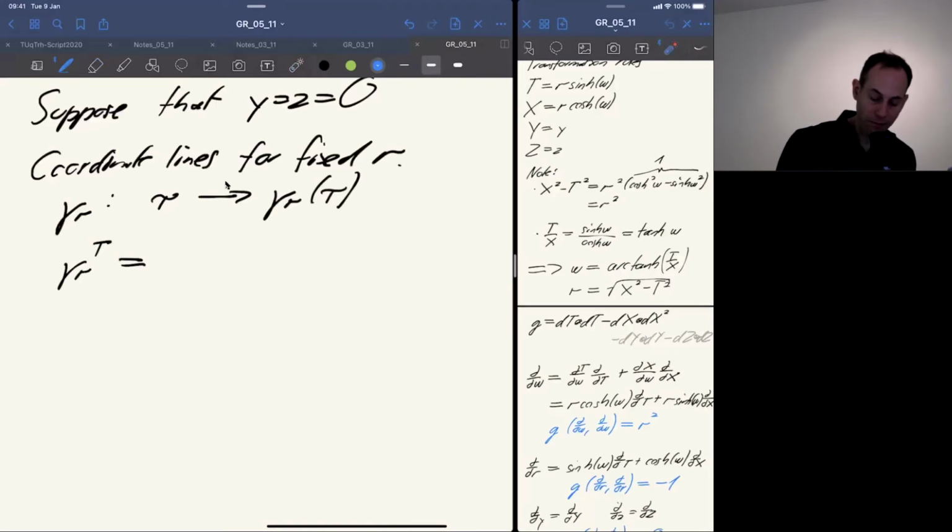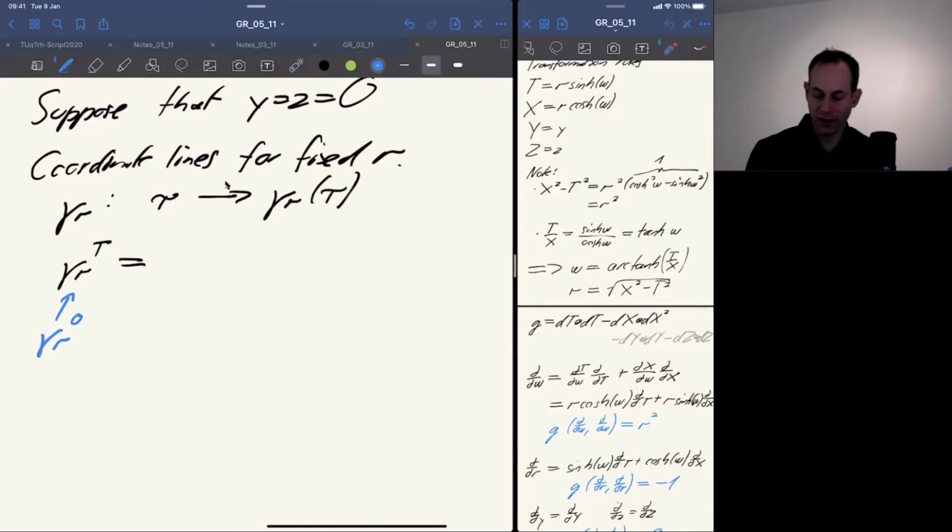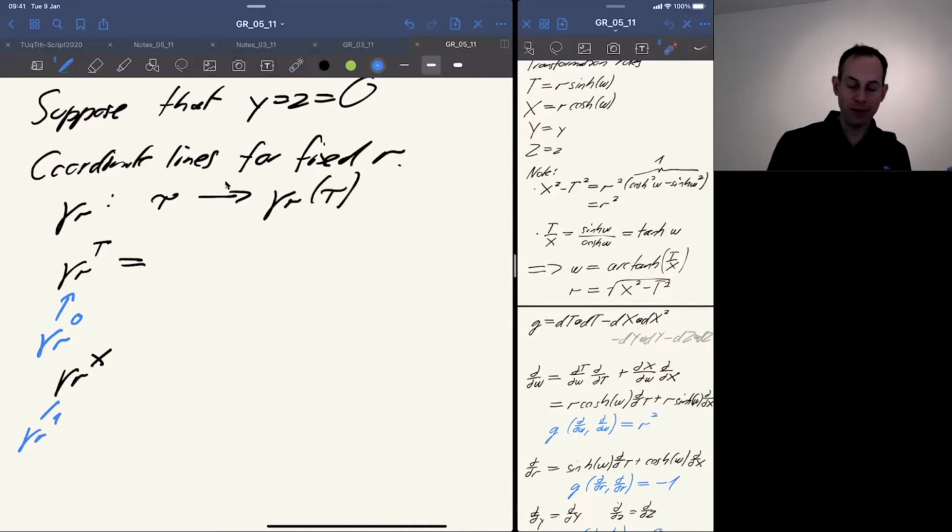This is essentially gamma_r^0 if the zeroth coordinate is t, and correspondingly, in a minute, we'll also write down gamma_r^1. So instead of using the index number, I just put the variable. This is useful because if you work with different coordinate systems, this is not only an index, but at the same time it reminds us in which coordinate system we are actually working, whether it's in the Minkowski system or in the Rindler system.